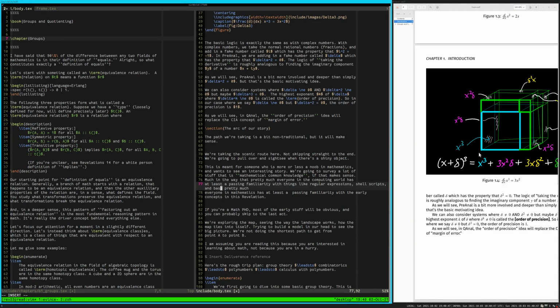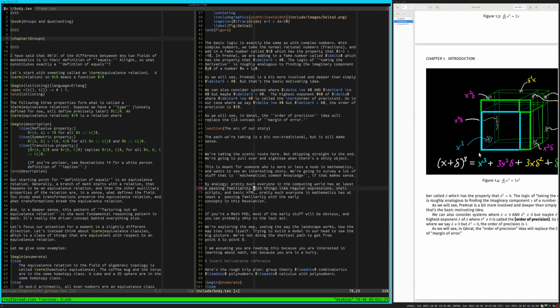Say, regular expressions, shell scripts, and basic HTML.